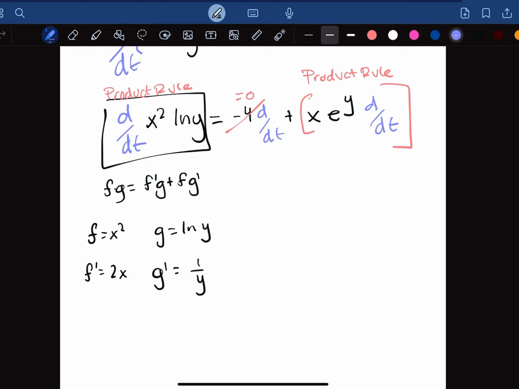But remember that when we're taking the derivative with respect to d over dt, we're going to have a dx over dt here, and a dy over dt here.